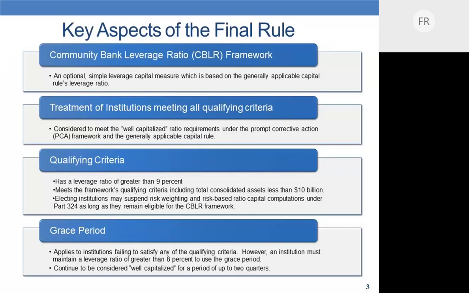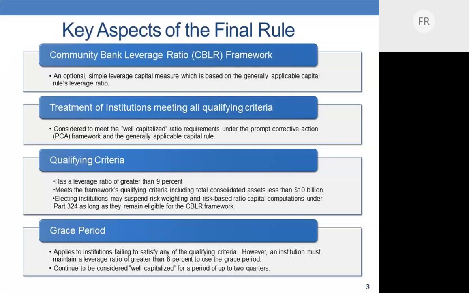Also included in the final rule is a grace period for an electing institution whose leverage ratio falls to 9% or less or falls out of compliance with one of the other qualifying criteria, such as having off-balance sheet exposures of greater than 25% of total assets. Such an institution can remain in the CBLR and be considered to have met the well-capitalized ratio requirements for a grace period of up to 2 quarters. By the end of the 2-quarter grace period, the institution must satisfy all of the qualifying criteria in order to remain in the CBLR.